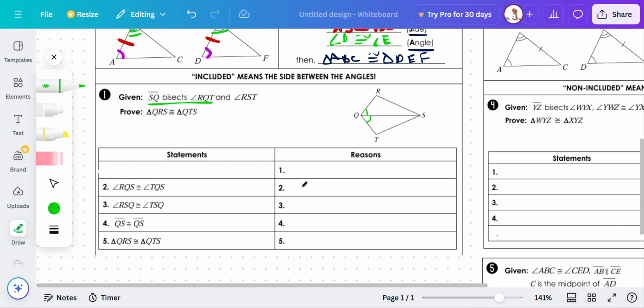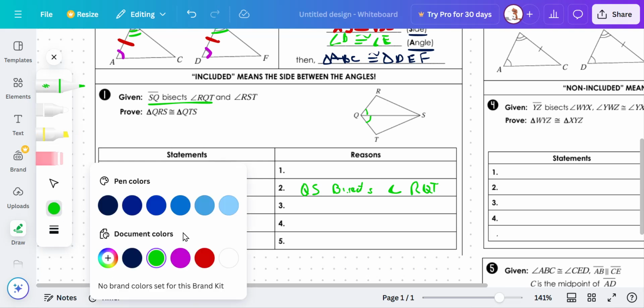I know because QS bisects angle RQT. So that's my first piece of information.